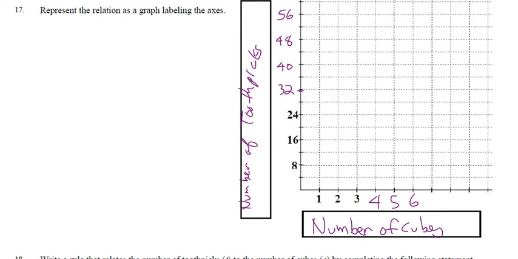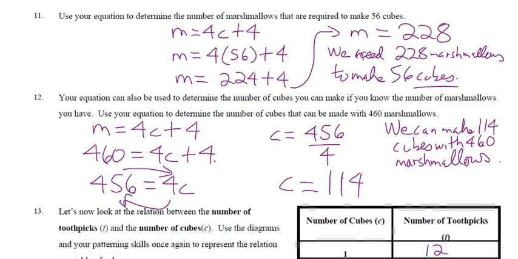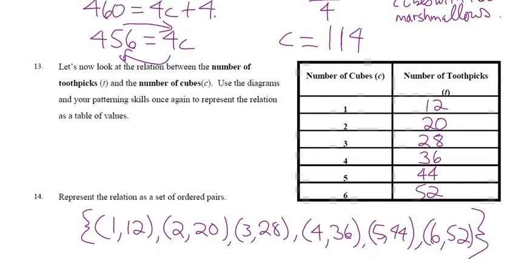So we now graph. We can either look at the table, from the table say 1 cube, 12, 2, 20, and so on. We can look at the ordered pairs, 1, 12. Remember, this is your x value and this is your y value. Or in this particular relation, this is your c value, number of cubes. This is your t value, number of toothpicks.